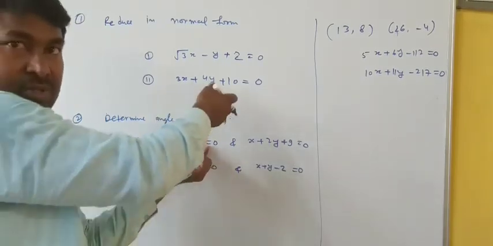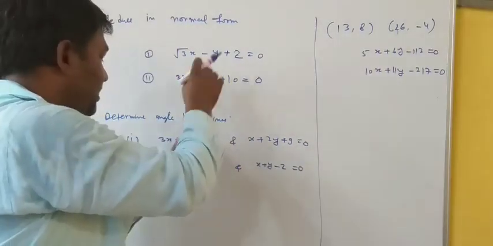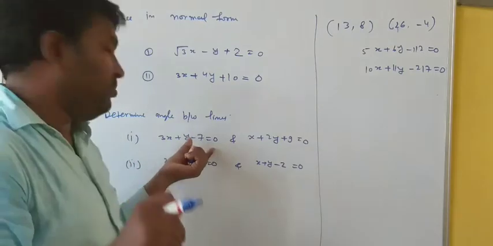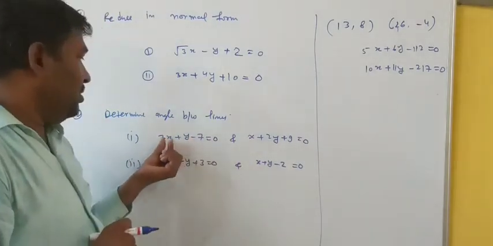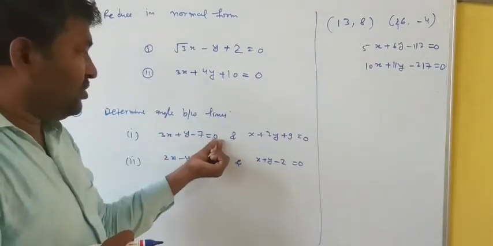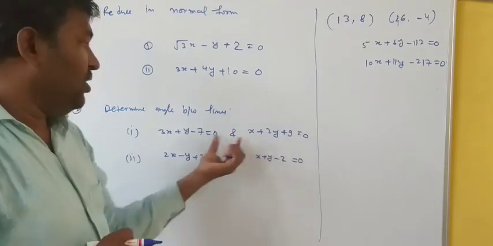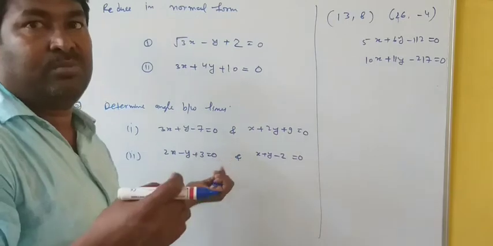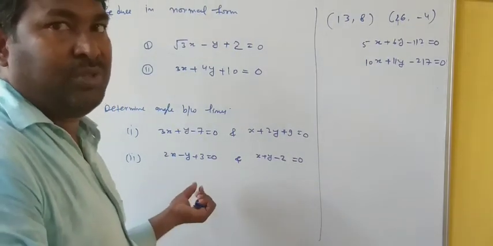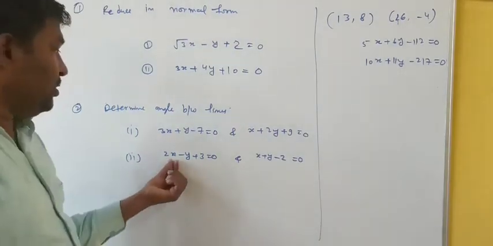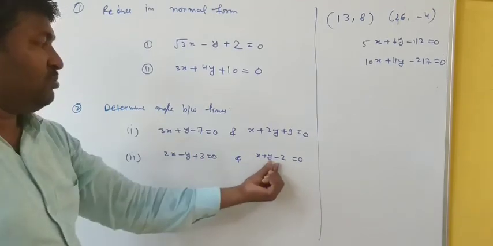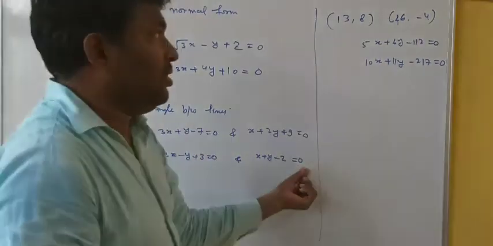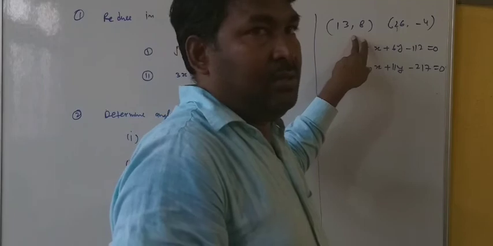Just before this numerical, I have explained how to find the angle between two lines. So 3x plus y minus 70 and x plus 2y plus 90. Find their m1 m2 and you can calculate by using tan theta is equal to m1 minus m2 upon 1 plus m1 m2. And here 2x minus y plus 3 and x plus y minus 2 is equal to 0.